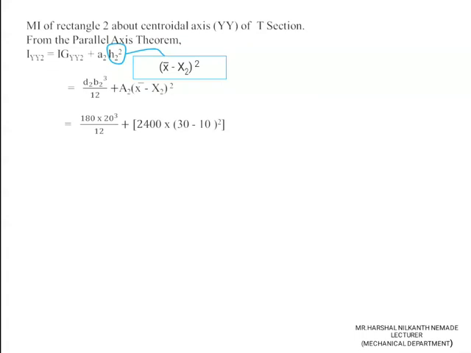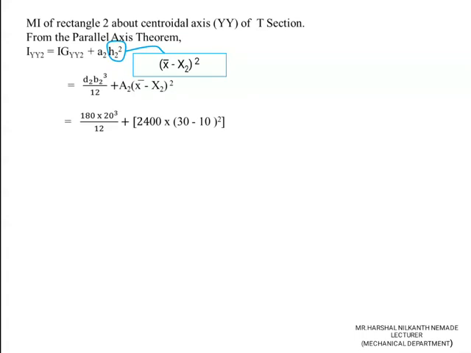Moment of inertia of rectangle 2 about the centroidal axis yy of the L section from the parallel axis theorem: Iyy2 is equal to Igyy2 plus a2 h2 square. h2 square I will write as x bar minus x2 square. Substituting all values, Iyy2 is equal to 1.56 multiplied by 10 raised to 6 mm raised to 4.